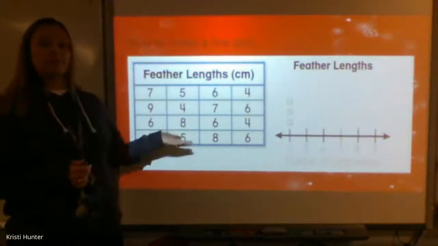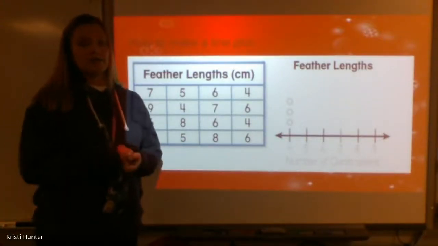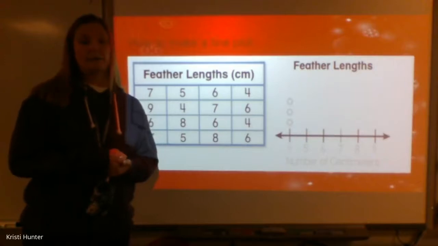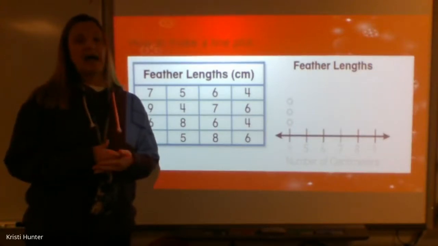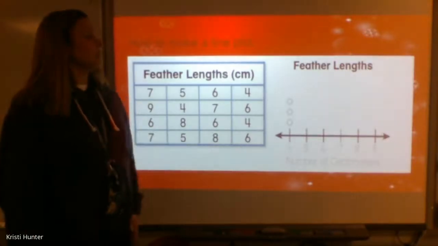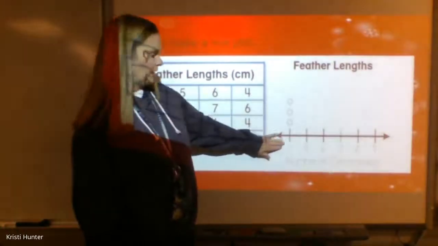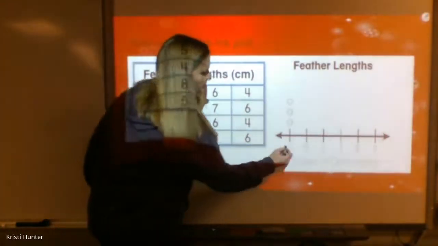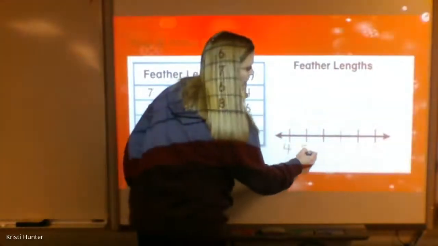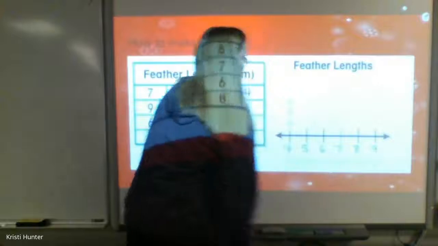Here's an example of one that we're going to create. Again, on your assignment today and on your test, you're not going to be asked to create one. I just want you to see how they got to this point of creating the line plot. So this is our number line, and if you see, they have the numbers written down here: 4, 5, 6, 7, 8, and 9.